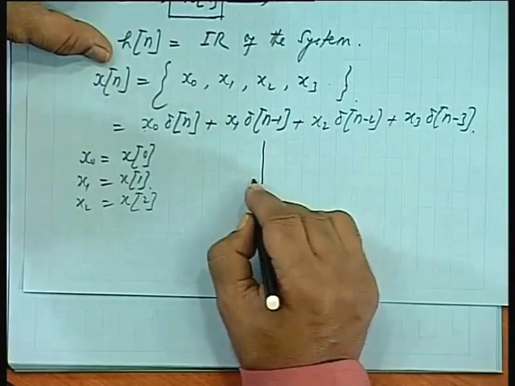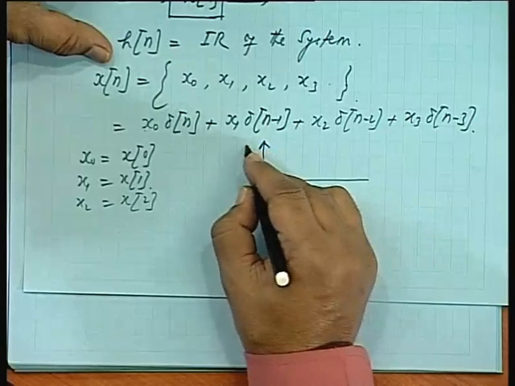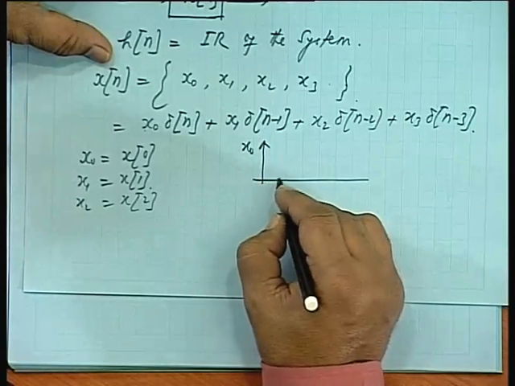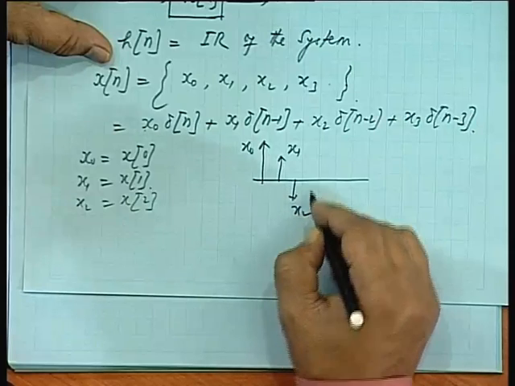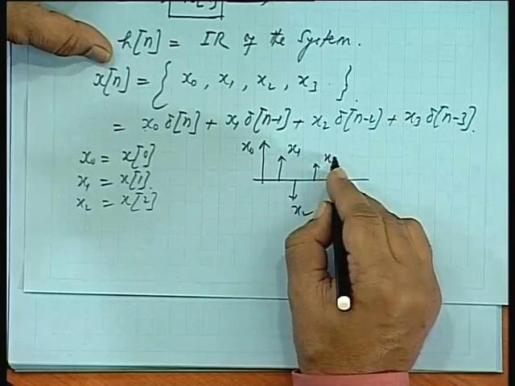So, suppose you have values like this, x1, x2, x3.